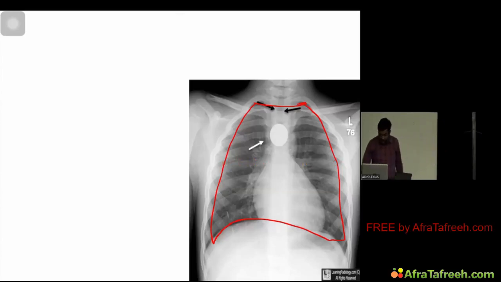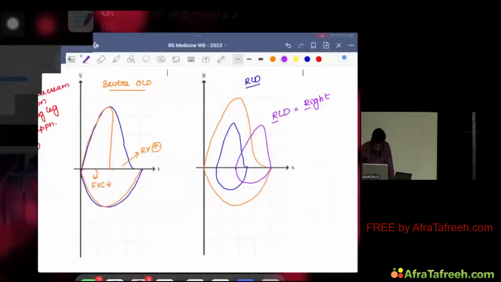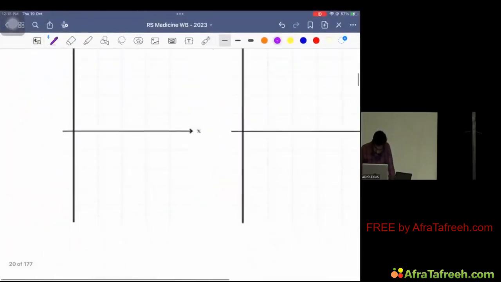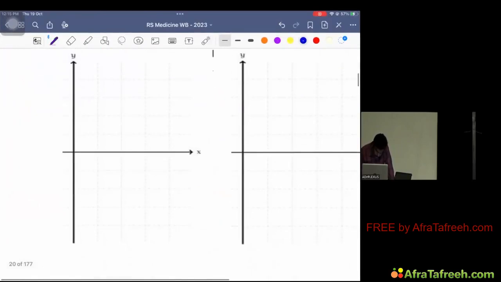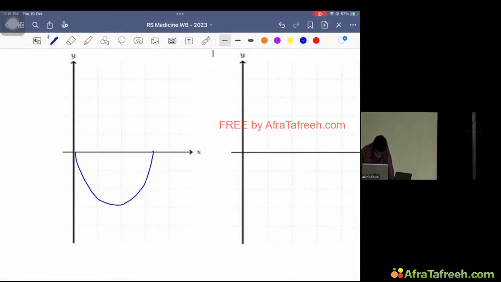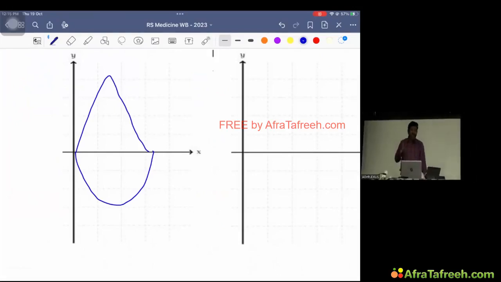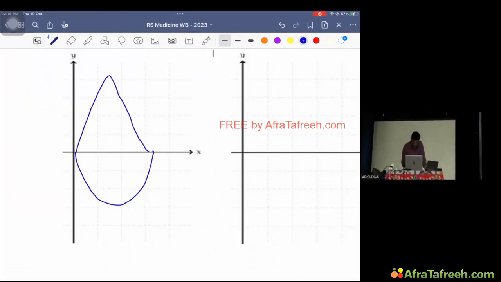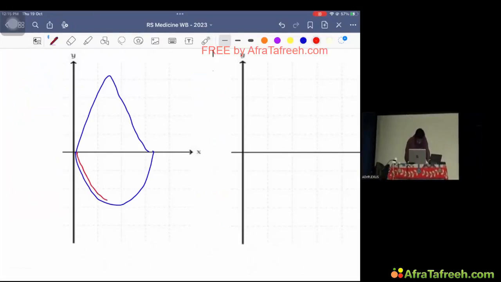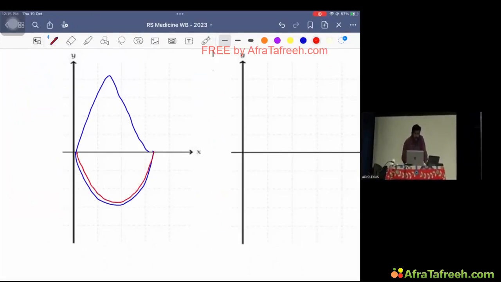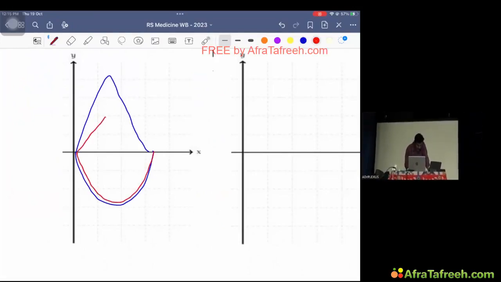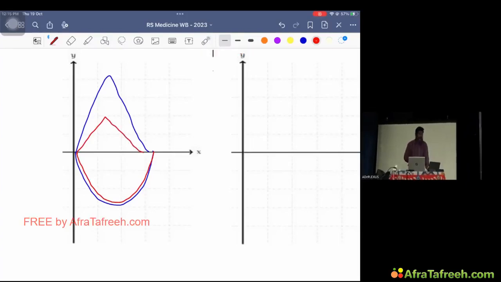Whenever I plot a graph for this, this is a normal graph. In this person, there is no problem in inspiration, so inspiration will be normal, but during expiration you will get a curve like this.